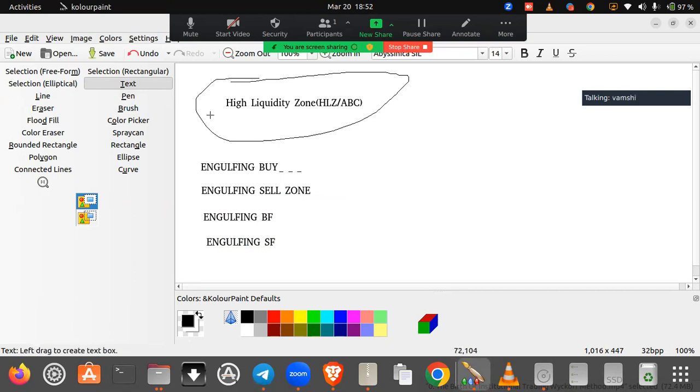So to mark a high liquidity zone, you should be able to mark these following four zones: engulfing buy zone, engulfing sell zone, engulfing buy fail, and engulfing sell fail.